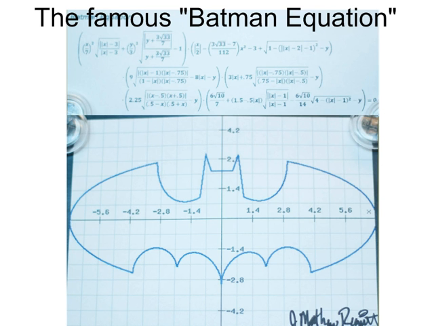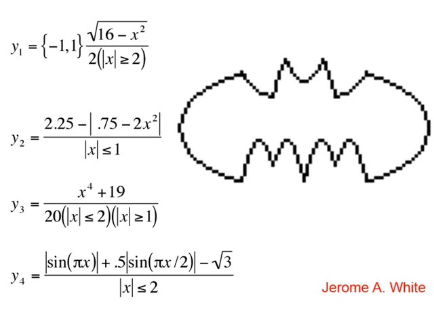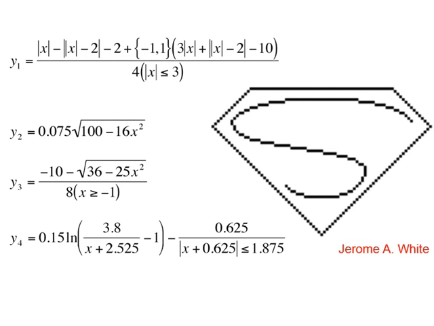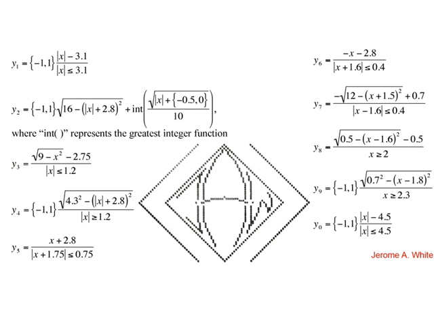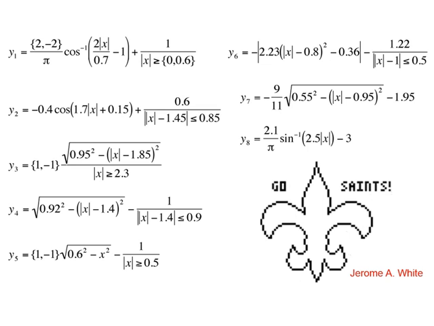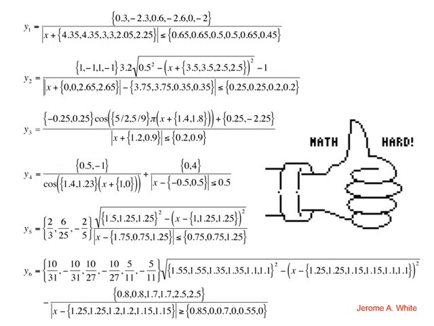I kind of got on this kick where I tried to come up with my own graphical equations. Some of the ones I came up with: my own version of a Batman symbol that was simpler than the original Batman equation. Then I came up with the Superman symbol and a better Superman symbol, and then my own little logo, a Saints logo, a thumbs up.